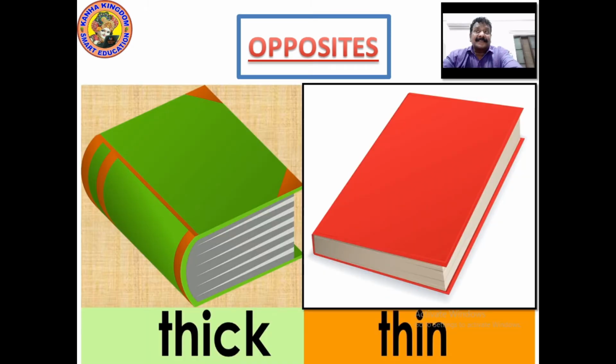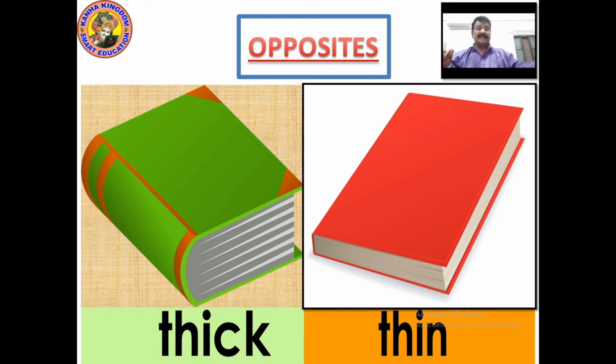Now look at the opposites. Thick. What is thick? You can see the thick thing here. Thin. What is thin? When you take a book and see, it is thin. And when you see a book which is very thick, see that was so slim and this is thick.